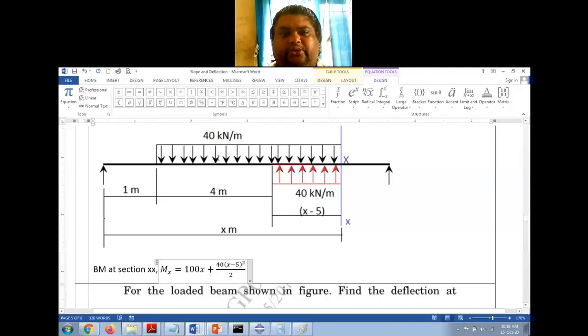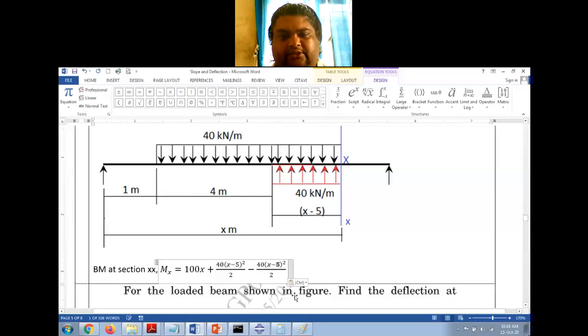And then I have this UDL which is acting downward. So that will be negative, so minus 40 into, I'll just copy this, only that value inside the bracket will change. So this length of the UDL on top is x minus 1, right?